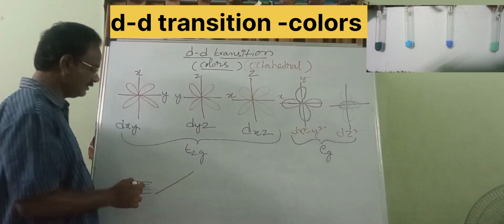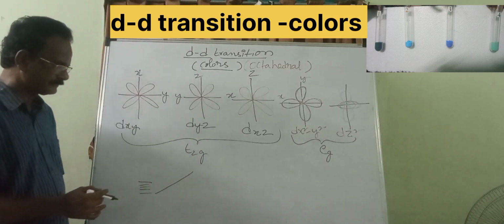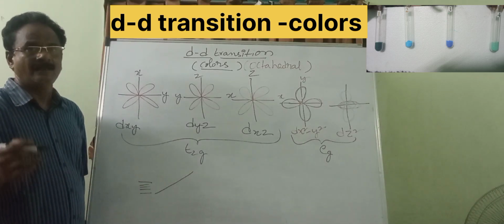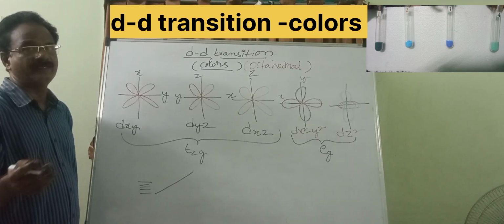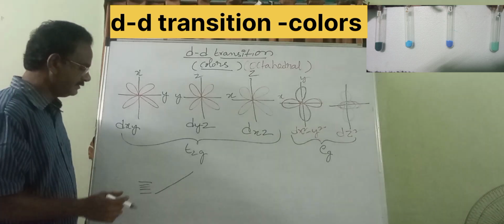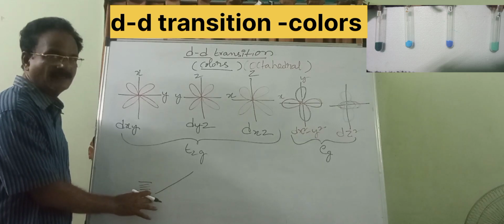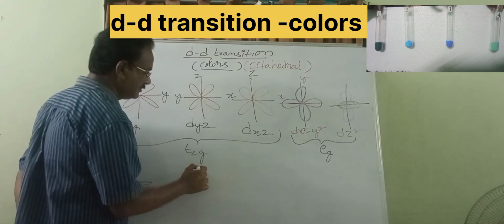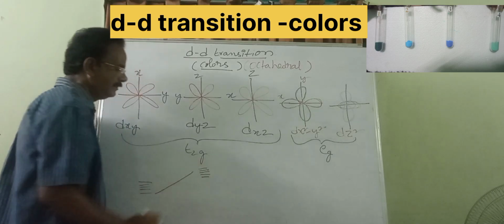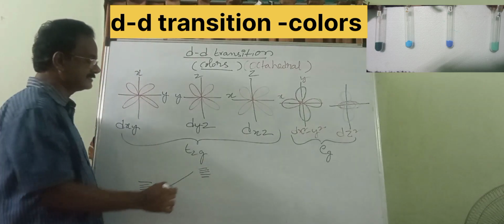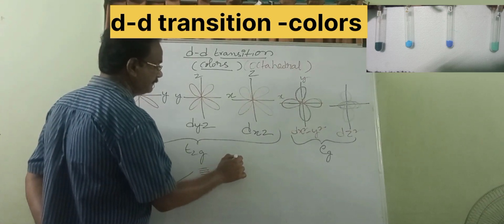Okay. So now let us see, if you place a complex with octahedral geometry in a solution of ligand, then these are 5 degenerate d orbitals, and then they go to the next level. After that the splitting will take place.